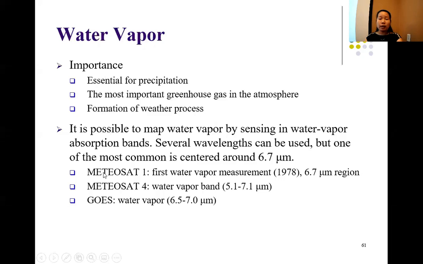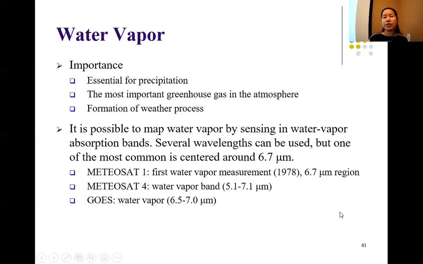For example, METEOSAT-1, launched in 1978, made the first water vapor measurement using the 6.7 µm region, and satellite generation 4 uses water vapor bands in 5.1 to 7.1 µm, so it also covered that area. And GOES uses the water vapor band from 6.5 to 7.0 µm, so it also covers that 6.7 µm area.